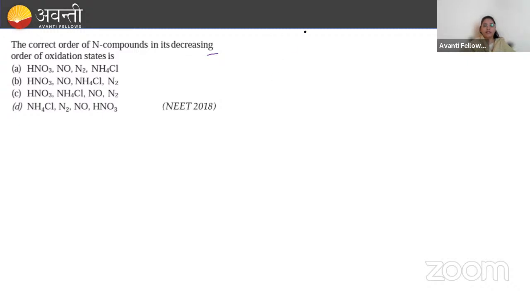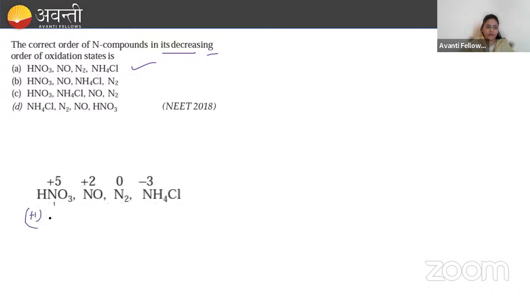When you calculate the oxidation state for nitrogen in each molecule, you can find the order of decrease in oxidation state. So see here in HNO3, what is the oxidation state of the central nitrogen atom?